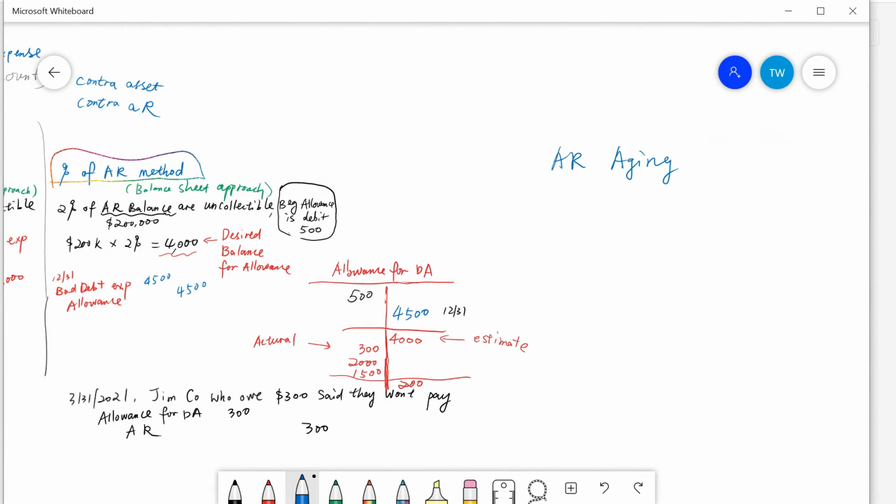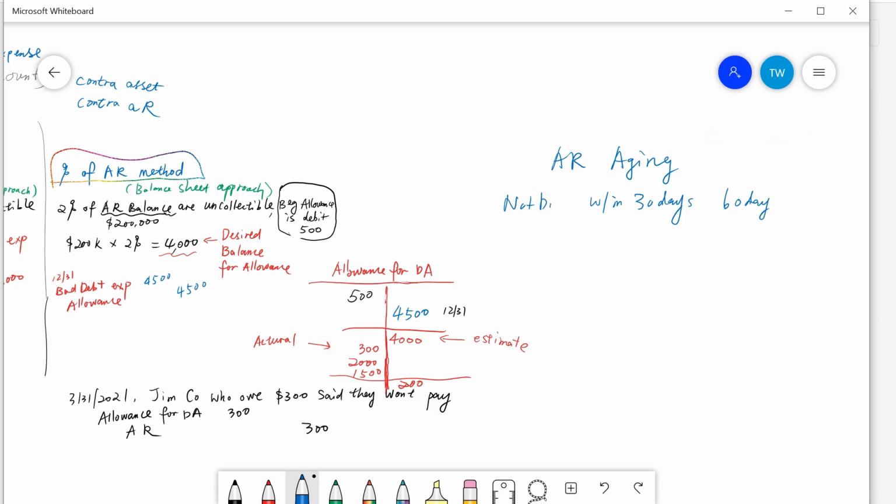What that is basically is percent of accounts receivable method. However, they put the accounts receivable in different age groups. So, for example, within 30 days, in 60 days, past due.